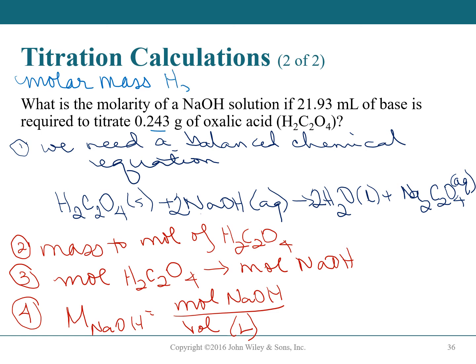The molar mass of oxalic acid is equal to 2 carbons, 4 oxygens, and so on.